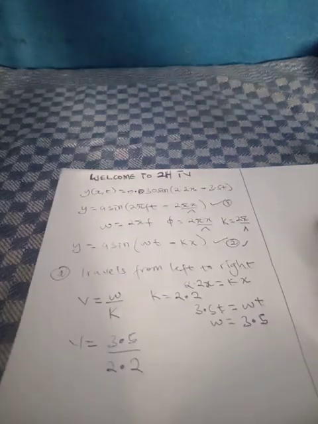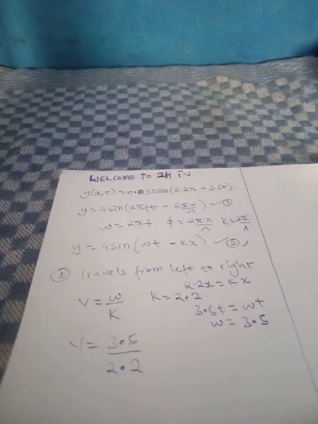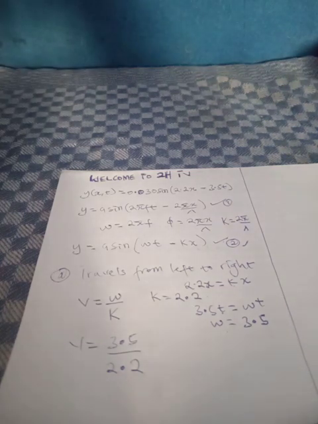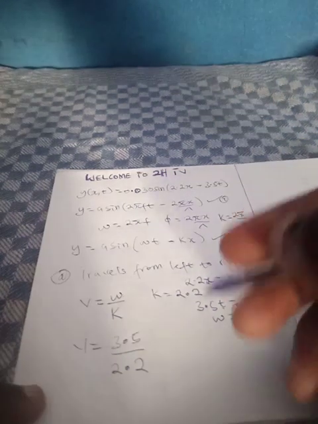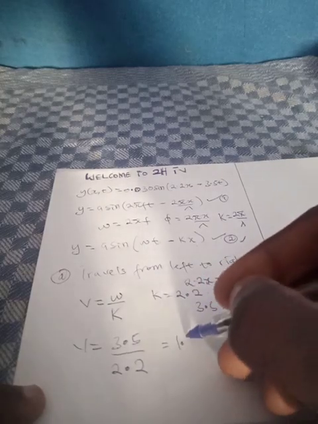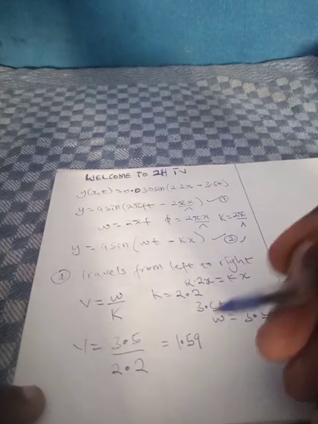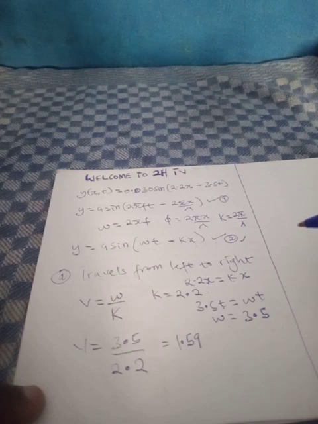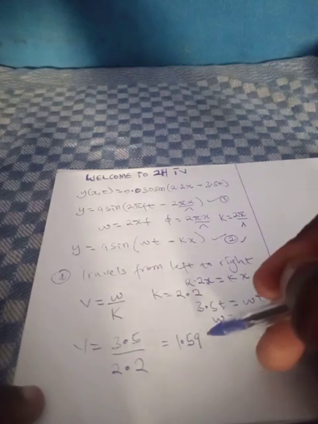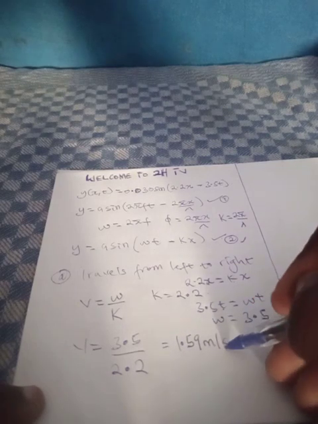Quickly dividing that, 3.5 divided by 2.2, we get 1.59. So our velocity is equal to 1.59. And in our previous class, we established that velocity is measured in meters per second.